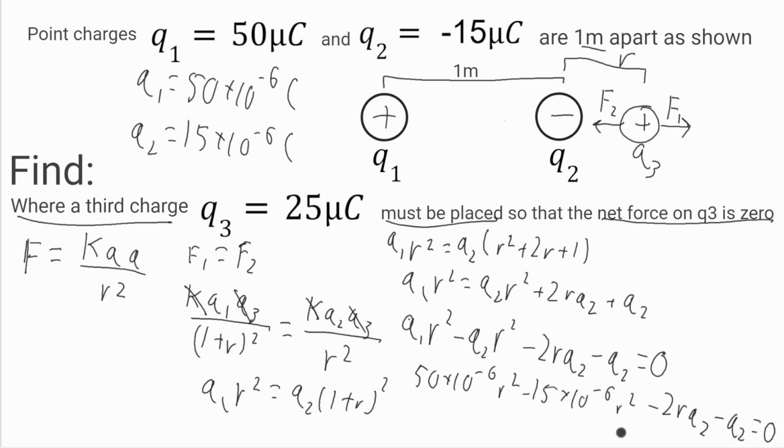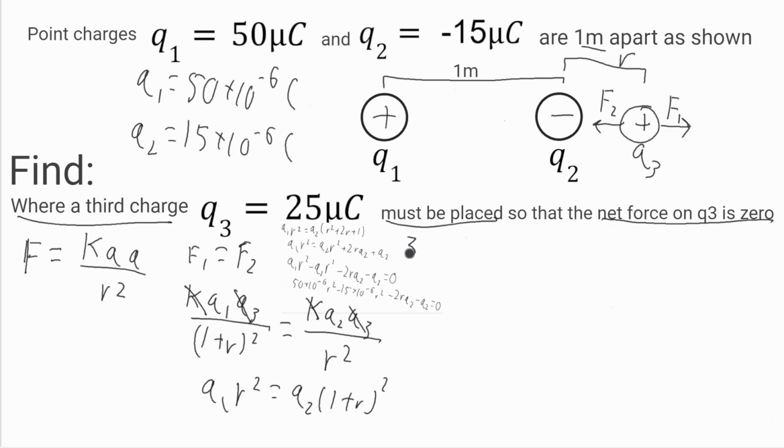Now I'm going to make myself some room. So it will be 35 times 10 to the negative 6 R squared minus 2R times Q2, which is 15 times 10 to the negative 6, minus Q2, which is, again, 15 times 10 to the negative 6.